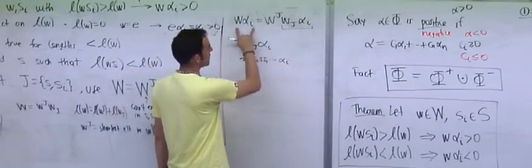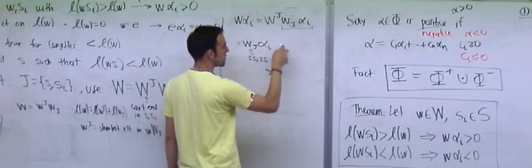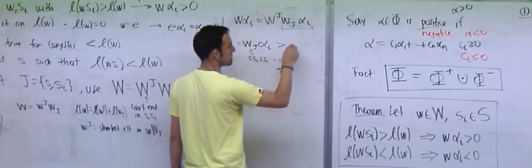Now, of course, I want to prove that w alpha i is positive, so what I intend to prove is that this first part is positive.